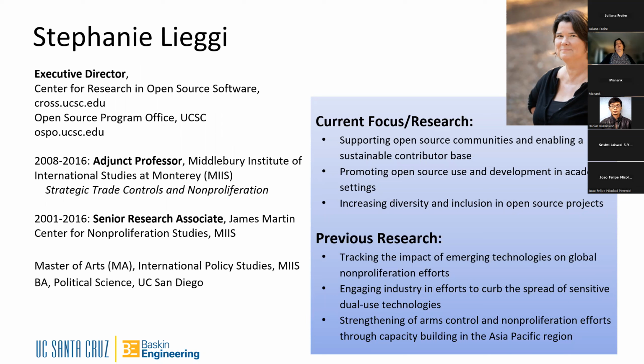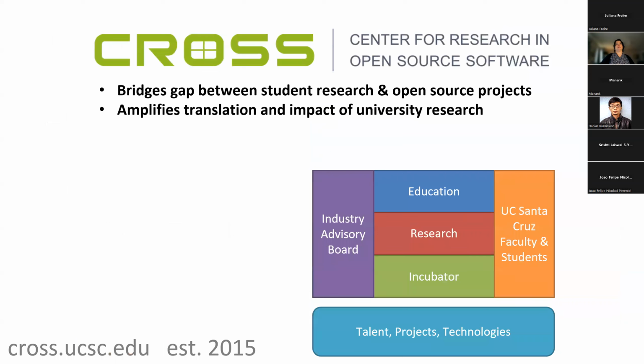I basically have experience with managing and running research organizations. So that's where I came into CROSS and the OSPO. But I've really enjoyed working with open source communities over the last 7 years now. And this program, starting with GSOC and then moving on to OSRE, has been one of my favorite parts of this job. So I always call it my baby.